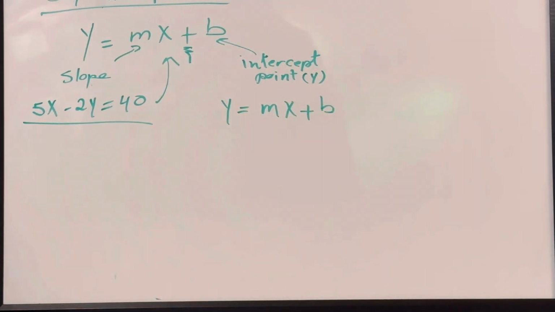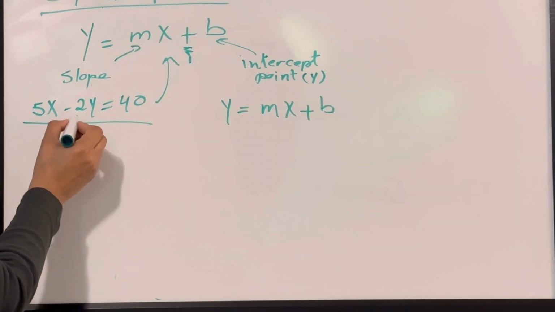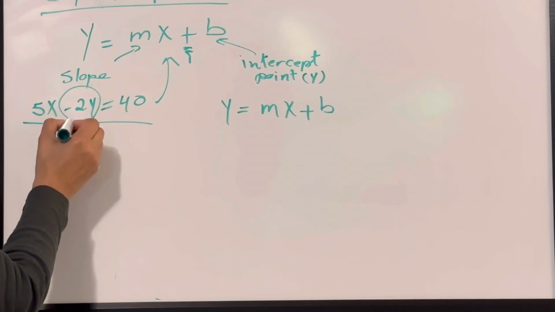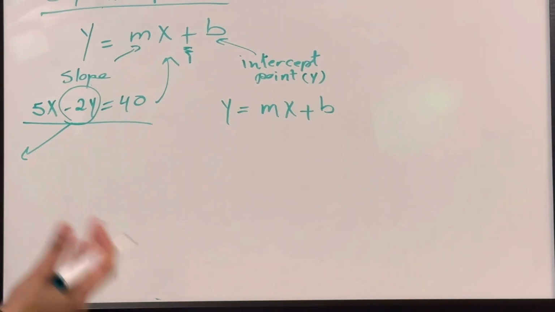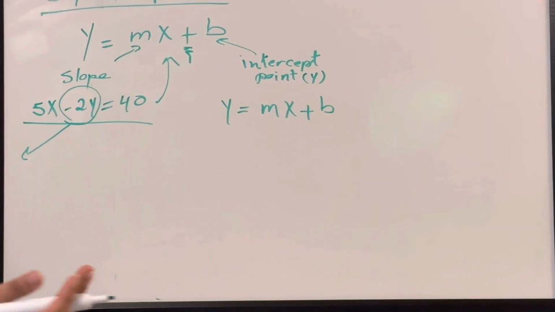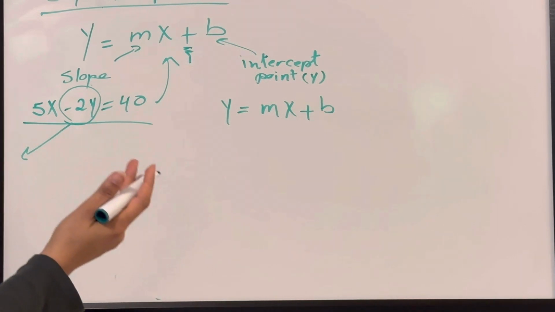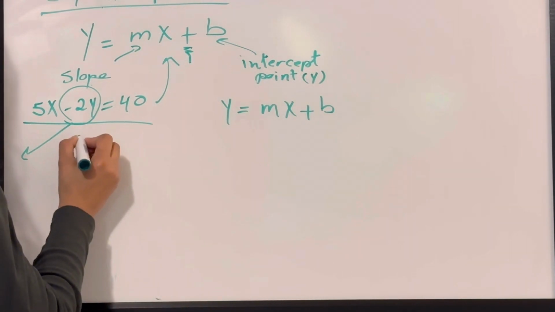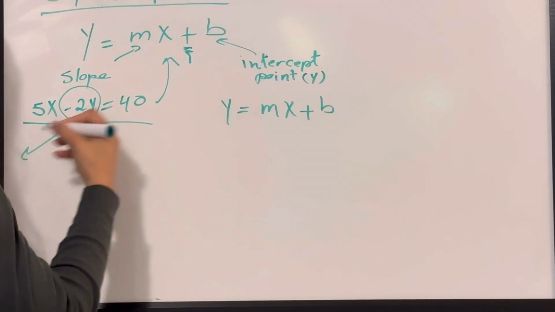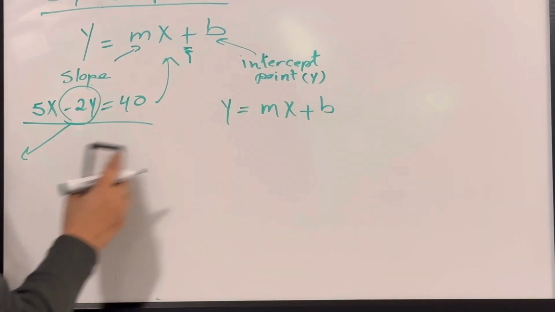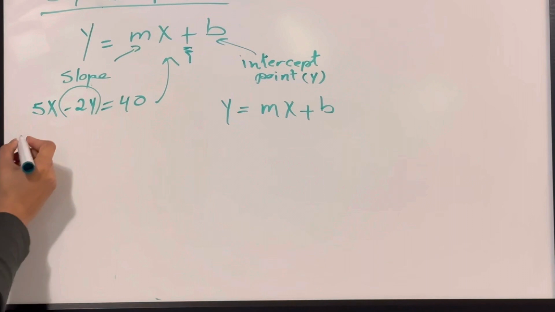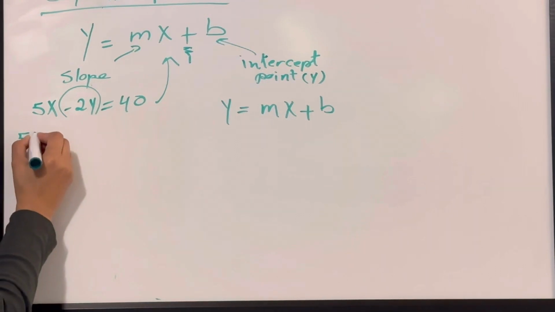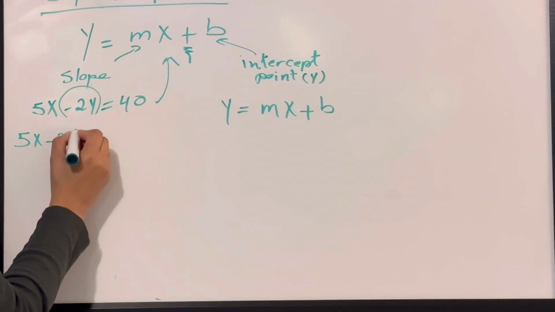So as we see here, we have to isolate the y on one side, put everything on the other side. So I'm going to deal with this equation as a linear equation, and I'm going to simplify it. So here I have 5x minus 2y equal 40.